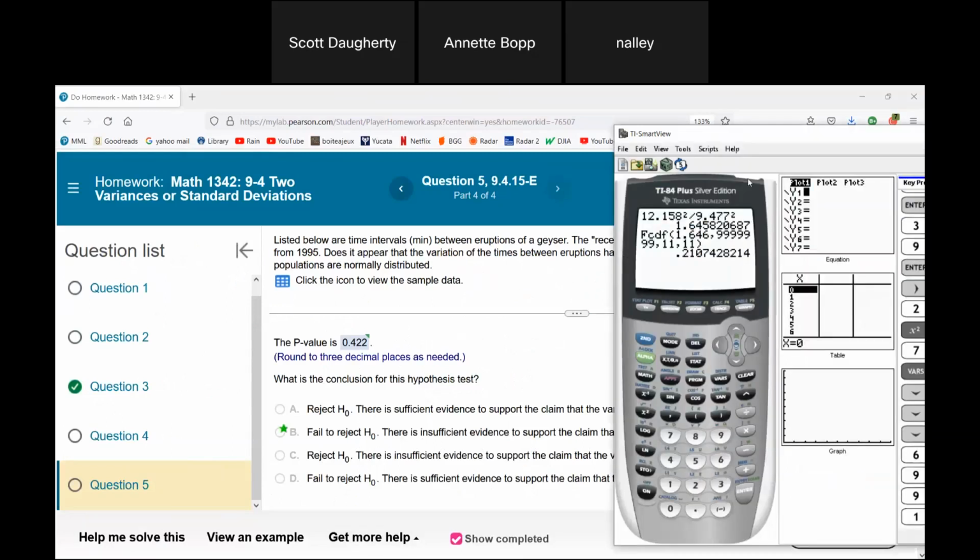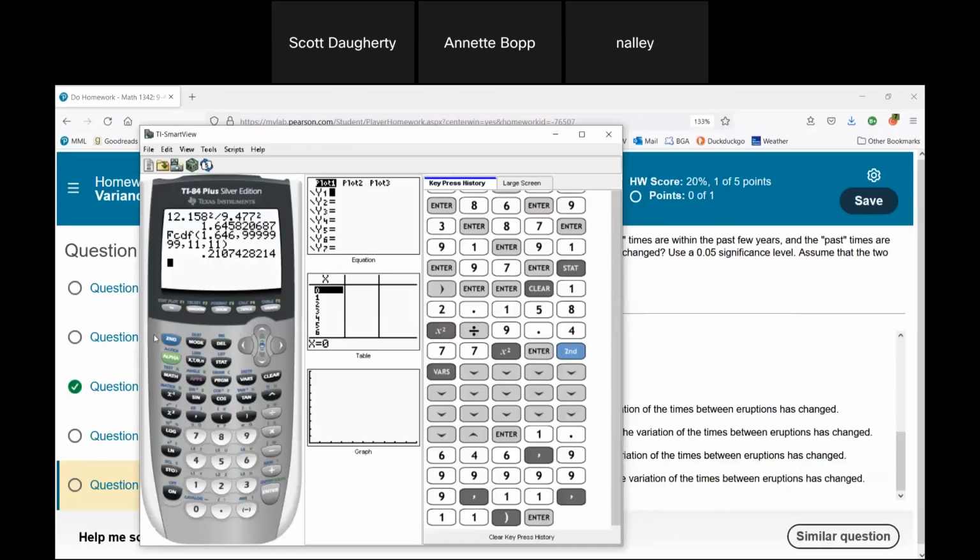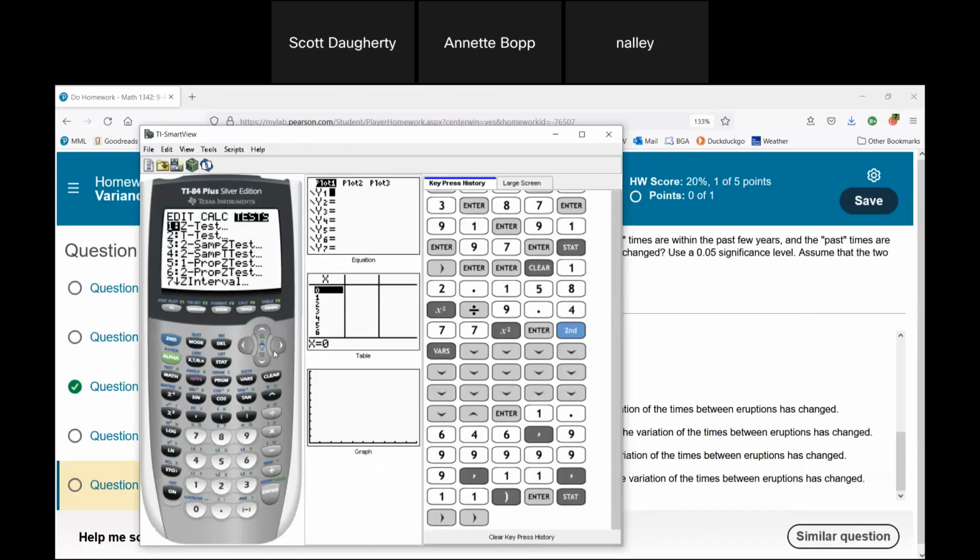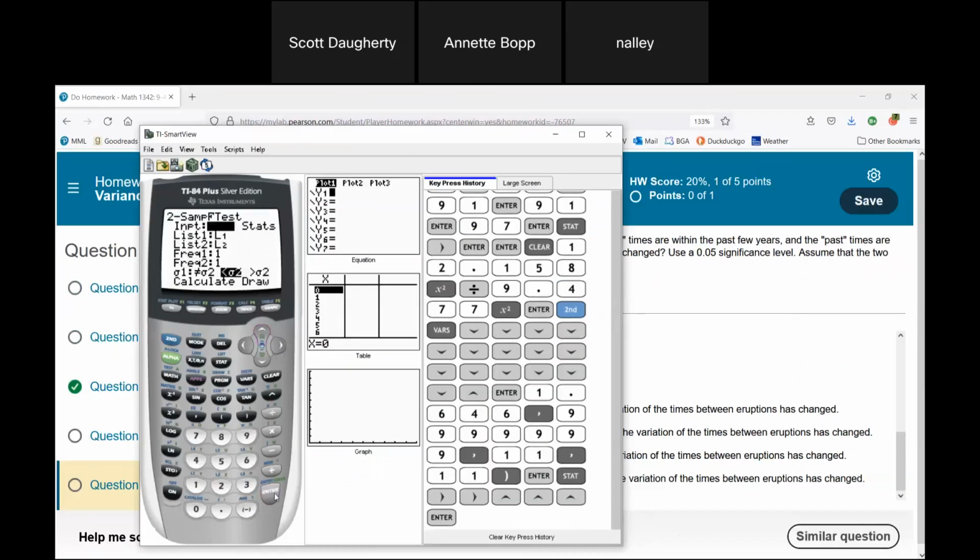Now, the only thing I want to mention is you could have done this, like I said, by going to stat tests and then scrolling down to the F test, 2 sample F test. And so the options are you could have put one of them into L1 and the other into L2, then just selected data and scrolled down to here.